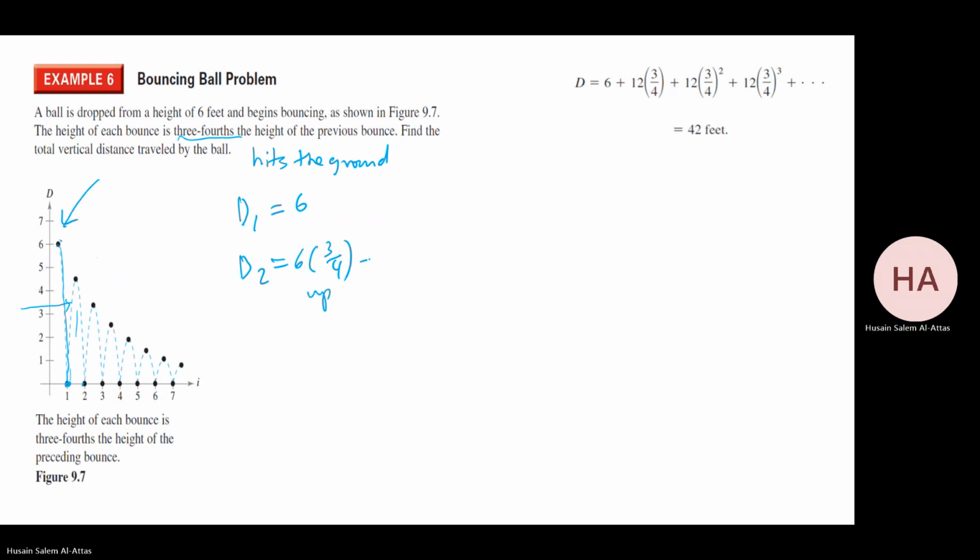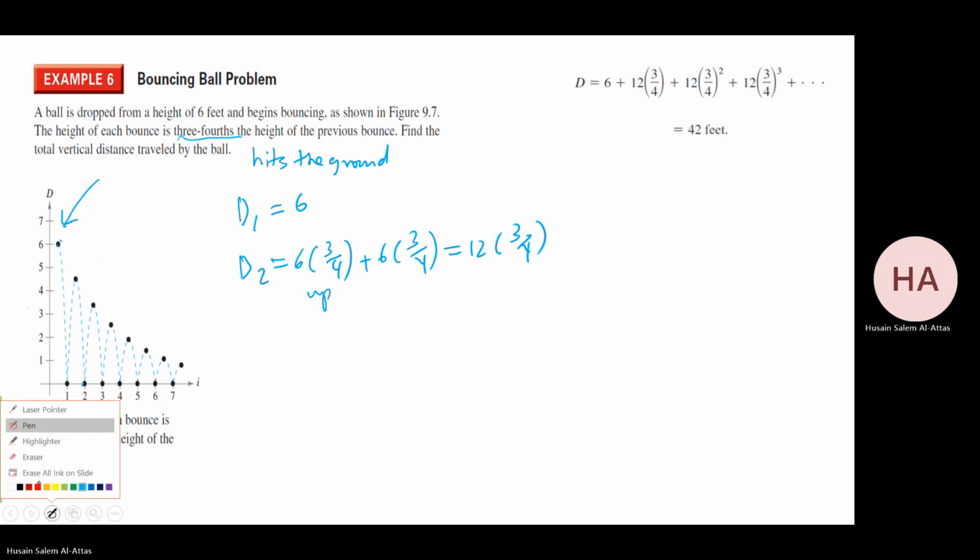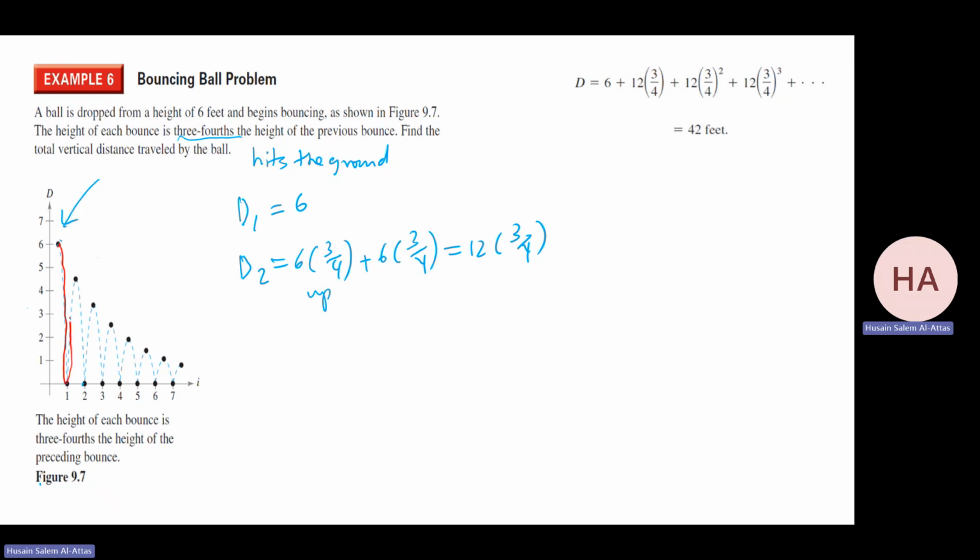This is up, then again down. So it is 12 times 3/4. This is the distance traveled, which is D2. D2 means it goes up, down, then up, then down. From here to here, this is D2, and this is D1.